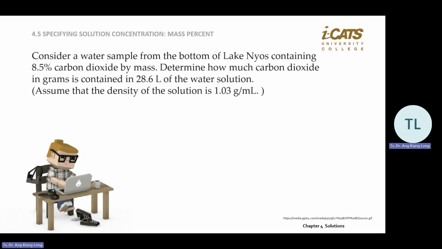Then you find how many grams 2.8 liters of water is. You convert 2.8 liters of water into grams.